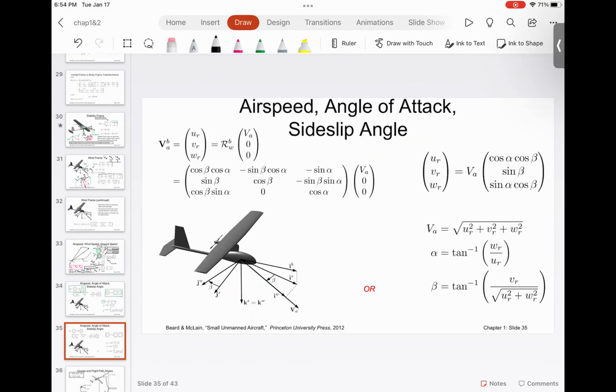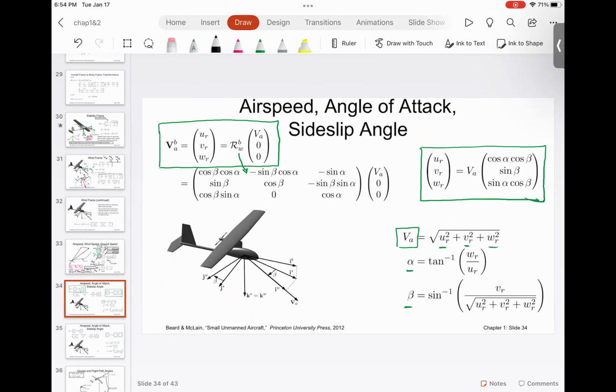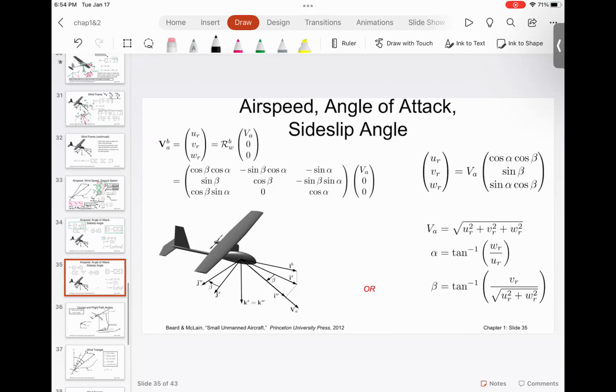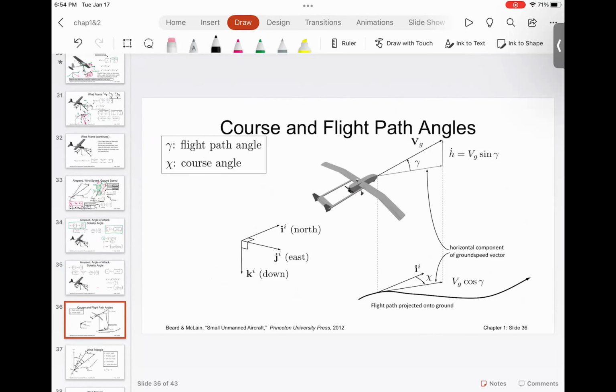And then once you have these angles defined, you can find out the airspeed, the side slip angle beta, and the value of alpha. When you don't have a side slip, you will notice that the beta value is 0 and you just have the relationship for angle of attack.